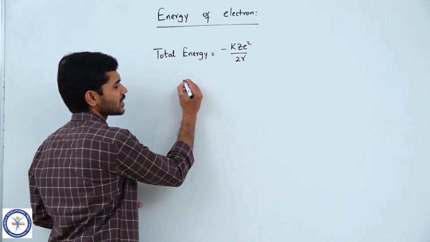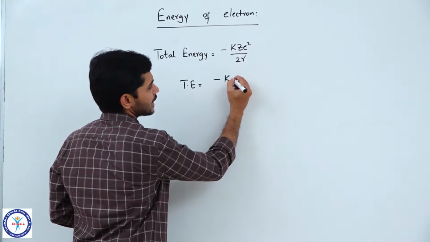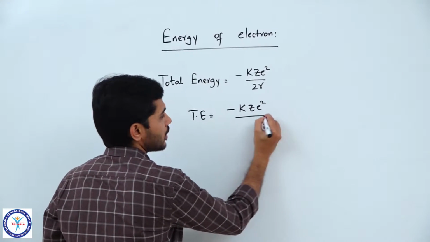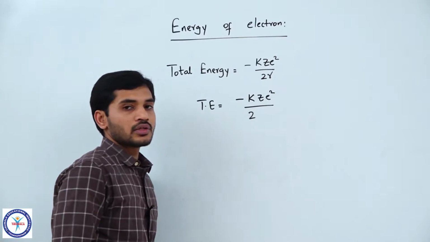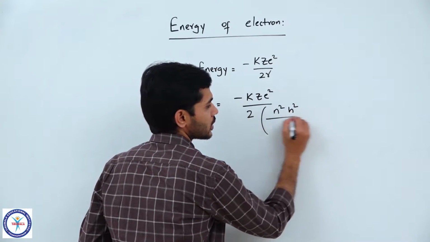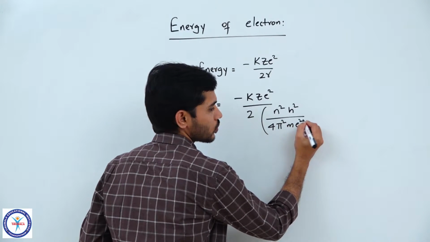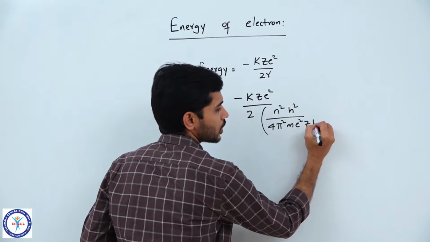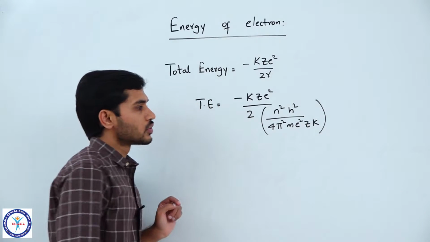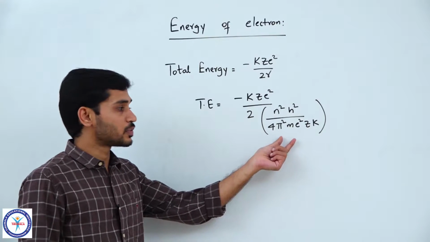So, I can write total energy Te is equal to minus kZe square by 2 times the value of r, which is n square h square by 4 pi square m e square Z into k. This is the value of rn to be specific.